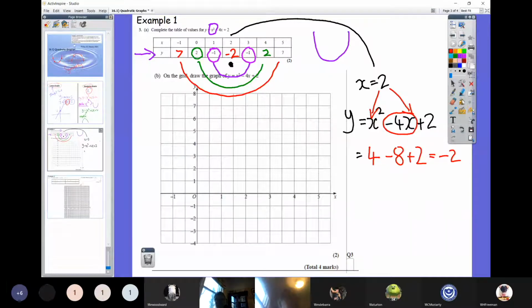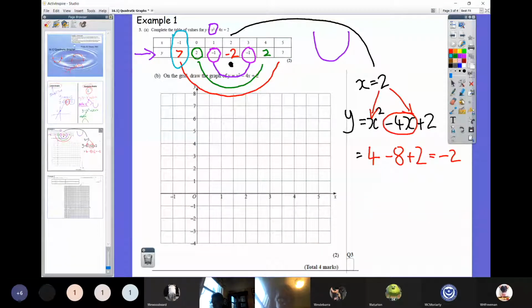When x is -1, y is 7. That should be coming through in light blue in a second. Do you see that bit in light blue? That would be the first coordinate I would plot. When x is -1, y is 7. So -1 along the corridor to the left, 7 up. Then 0, 2.